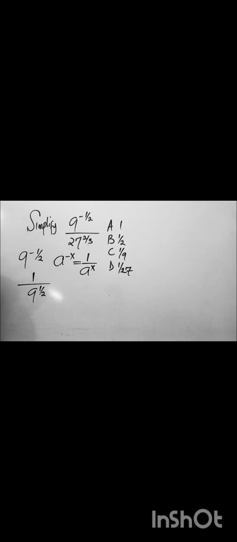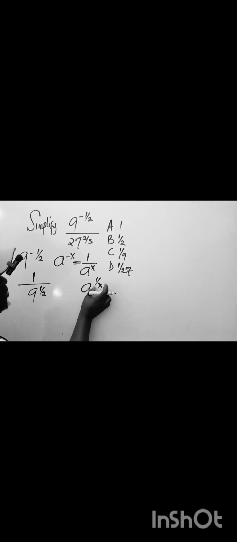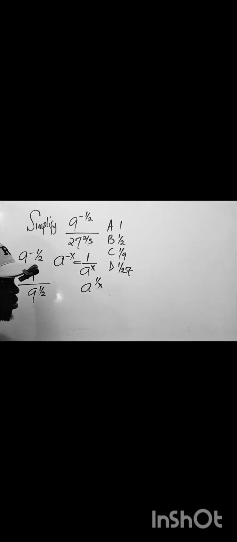The second one is this: whenever you have a raised to power 1 over x, where x is any number greater than 0, the denominator of this power is going to form a root. The root is dependent on what we have as the denominator. If we have 2 here, it becomes a square root.